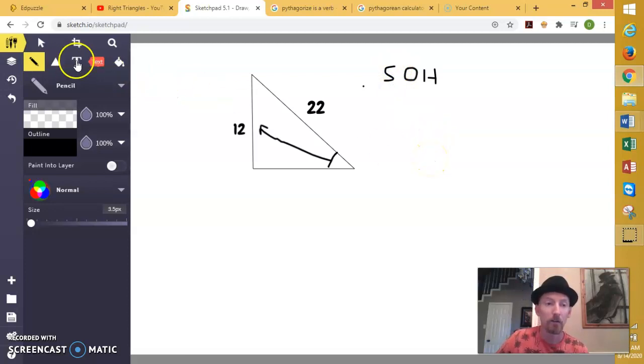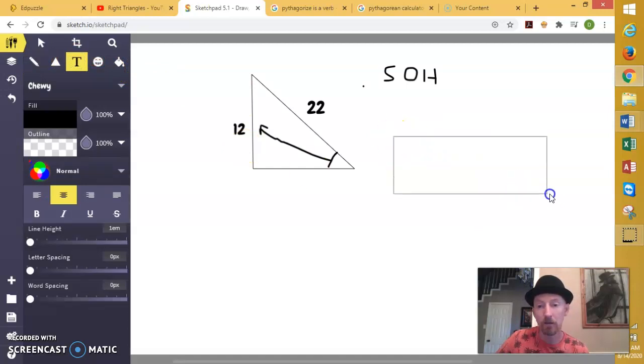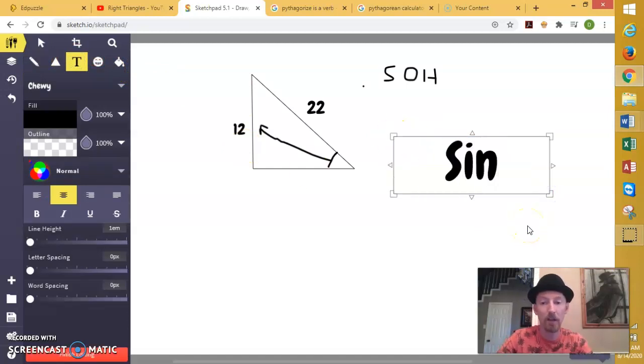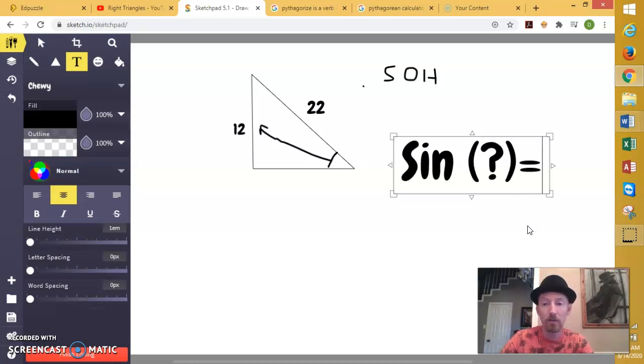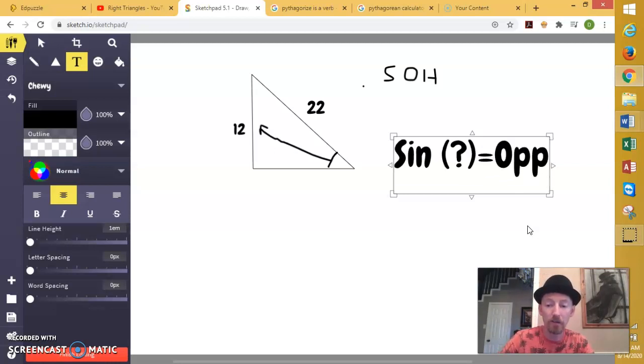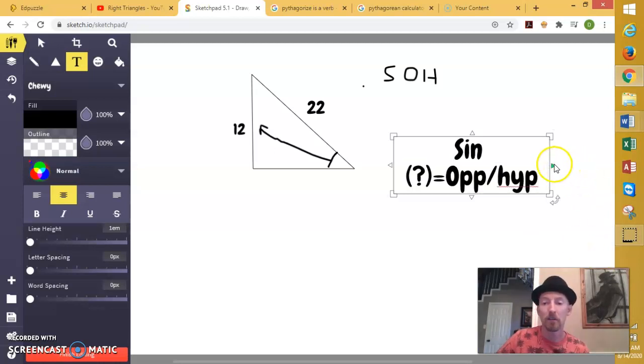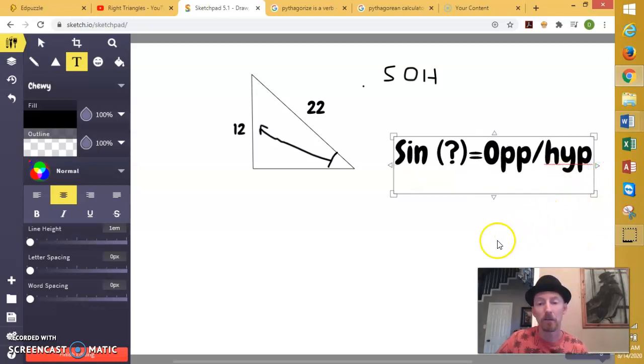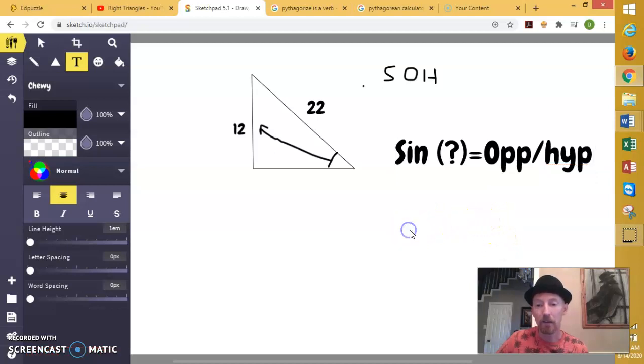And so what people will do is they'll type sine, right? Now, what goes next is the angle, which we don't know. Sine is opposite over hypotenuse. Of course, I need to make this bigger so it makes sense. There we go.